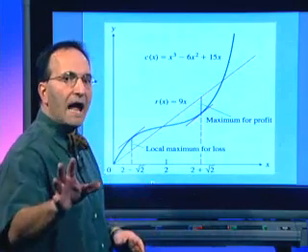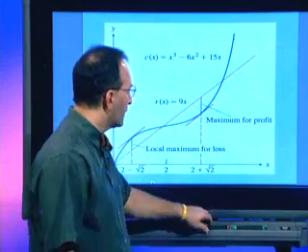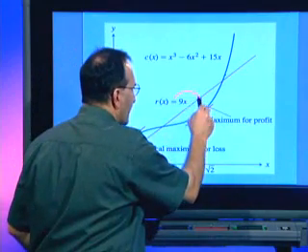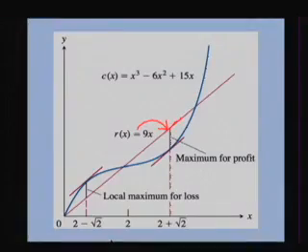So let's do that. Here are the graphs for both the revenue function, and the revenue function is 9x, and it's this red line, the straight line. And our cost function is the blue line.